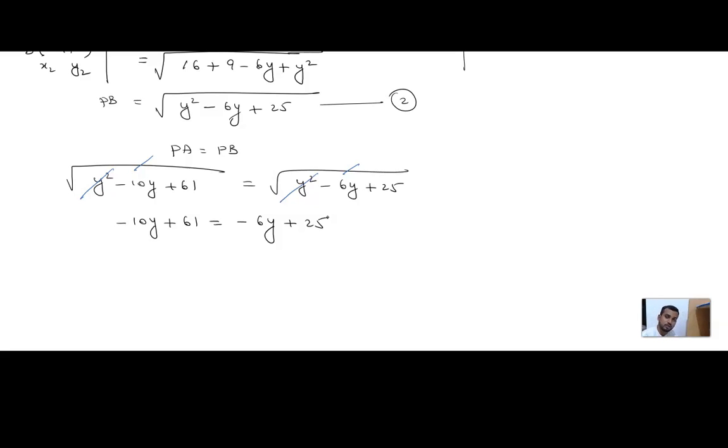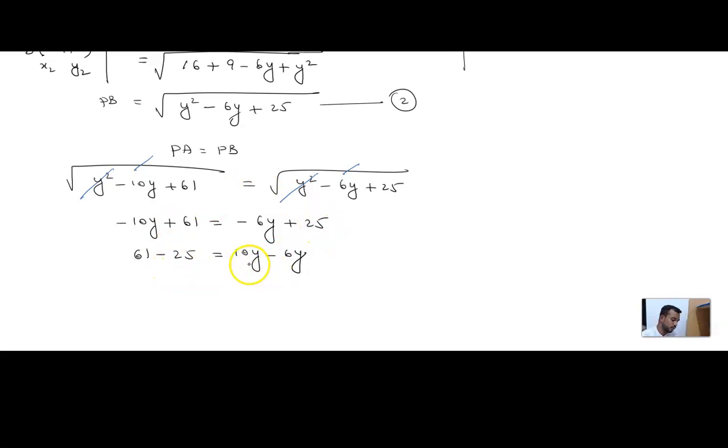If you want your problem to be simpler, try to do these types of steps. So 61 let it be as it is, plus 25 comes to this side, it becomes minus 25, is equal to minus 10y comes this side, it becomes plus 10y, then minus 6y as it is. Got it?